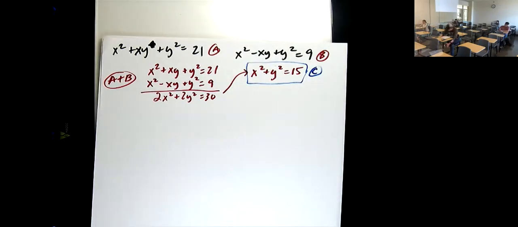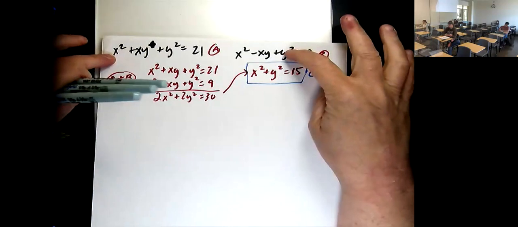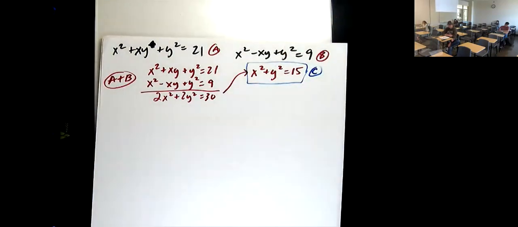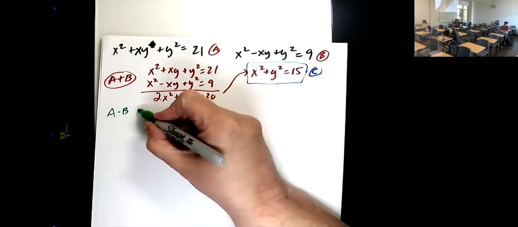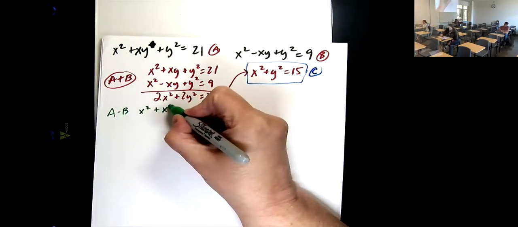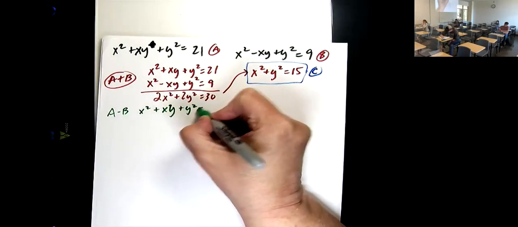I need something else. So maybe I added them. If I subtract them, the x squareds and y squareds go away. Let's try that. Let's try a minus b. So I'll rewrite them with the correct signs.